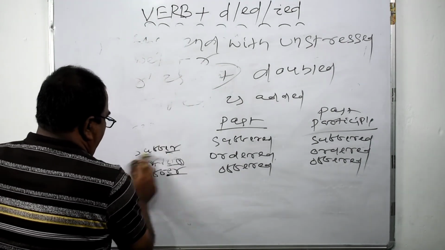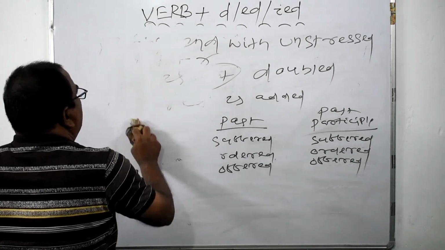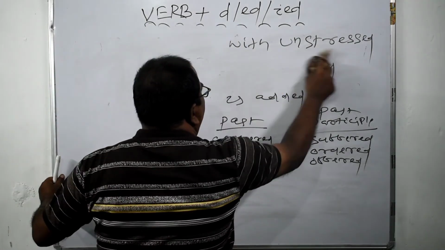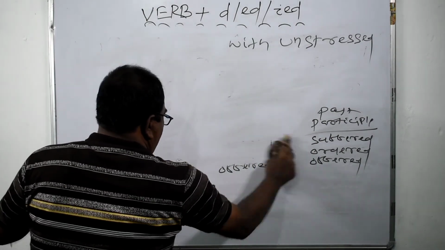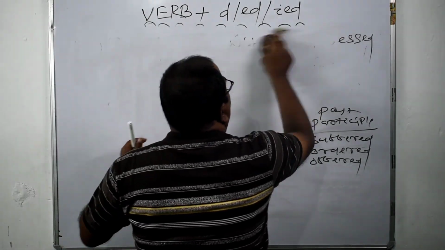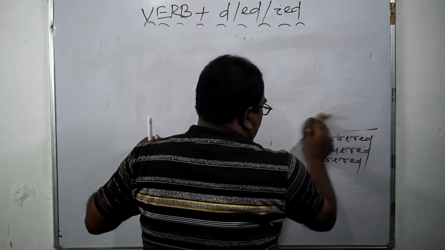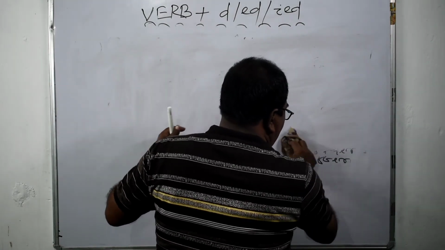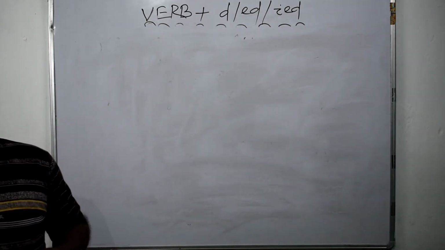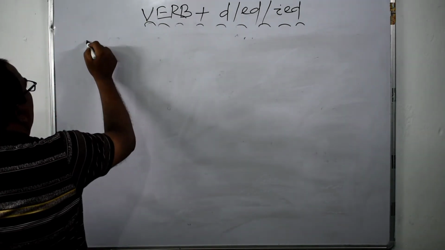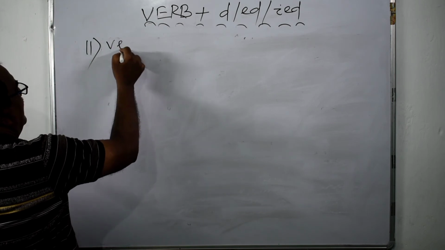Rule number 11, which is also very, very important for you, and you have to remember all the rules of the ed form of the verbs which are regular verbs. Rule number 11.